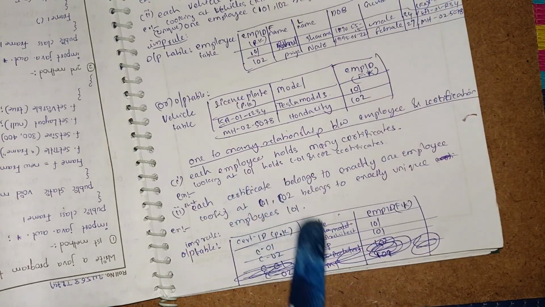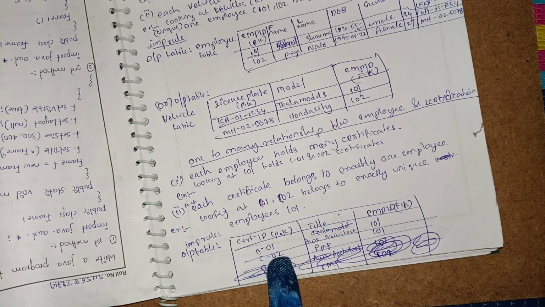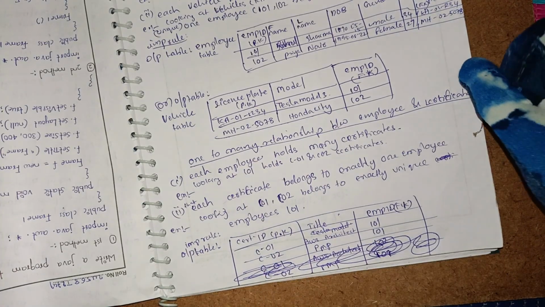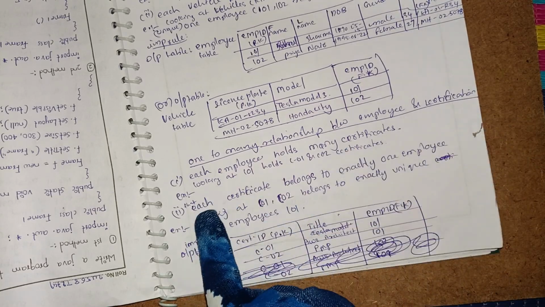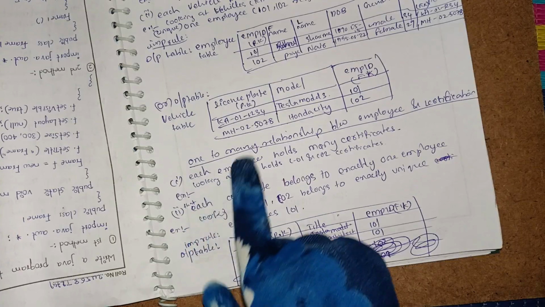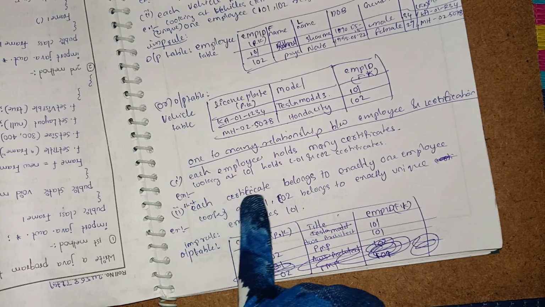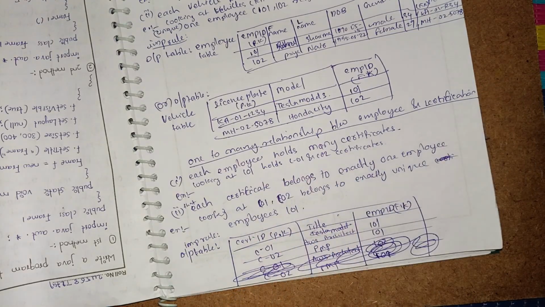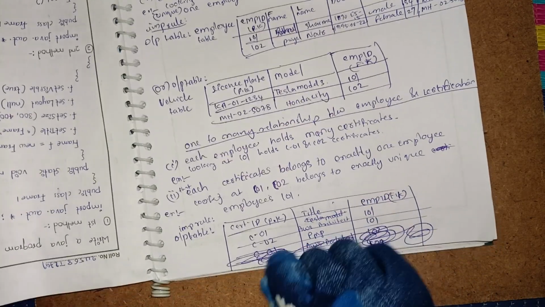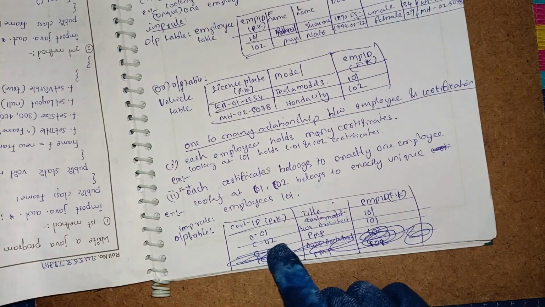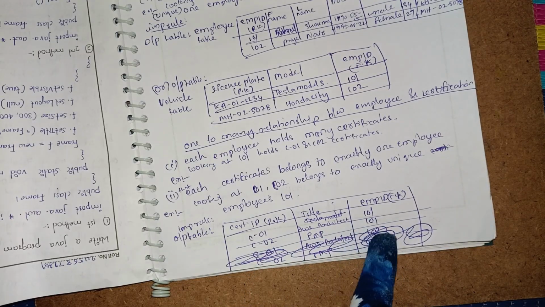So looking at 101, it holds C01 and C02 certificates. Means each employee holds many certificates, and generating a statement from right to left, that is many to one, that each certificate belongs to exactly one employee. Example is looking at C01 and C02 certificates belongs to exactly unique employee 101.